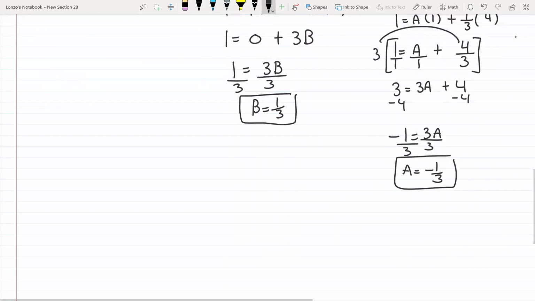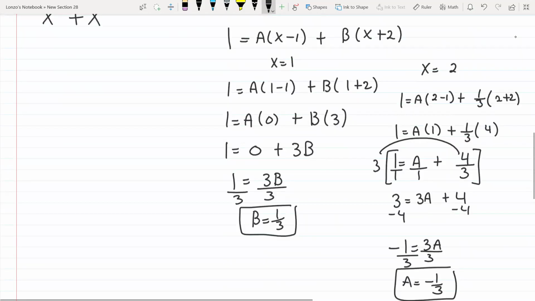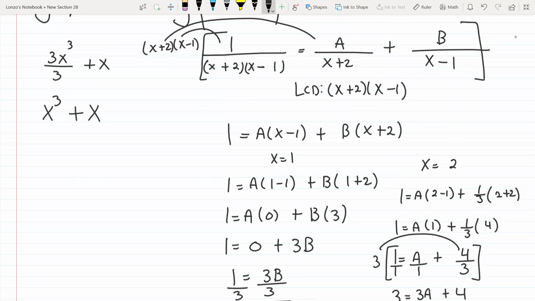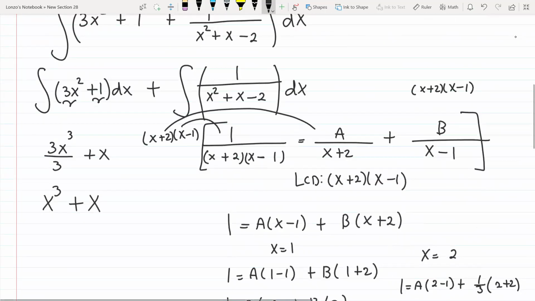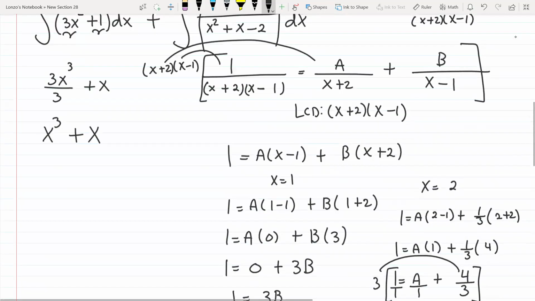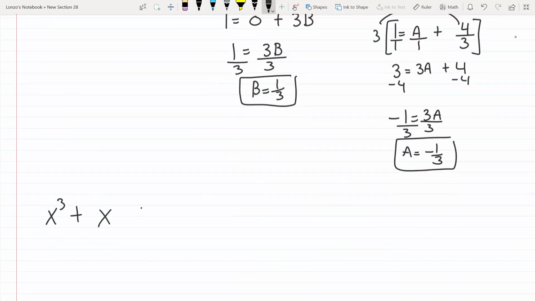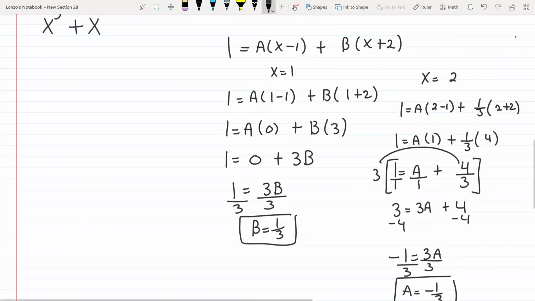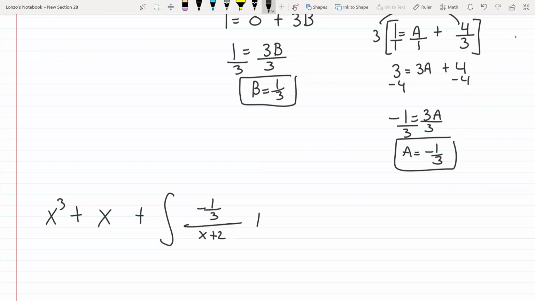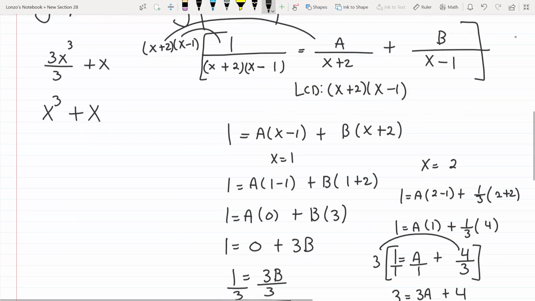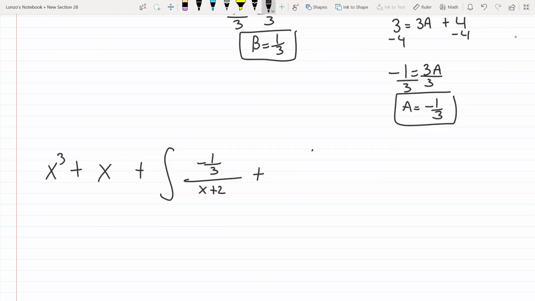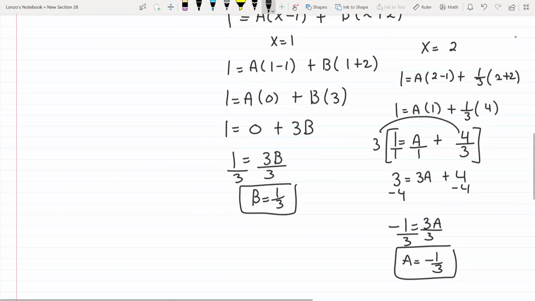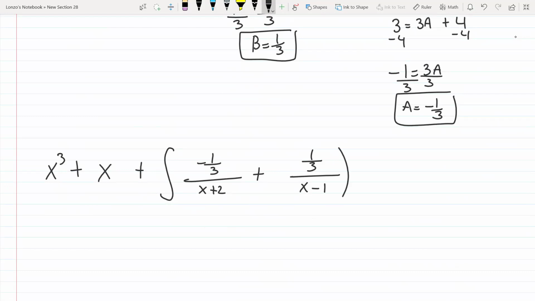So this part here is x cubed plus x, and then our A value is negative 1/3 over x plus 2, plus my B value, which is 1/3, over x minus 1, and all dx.